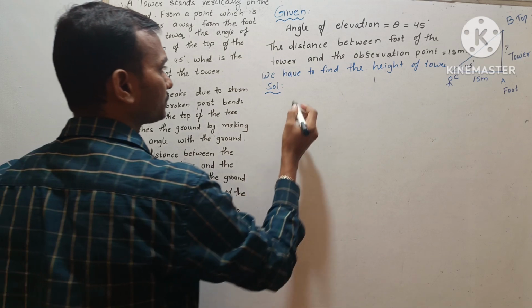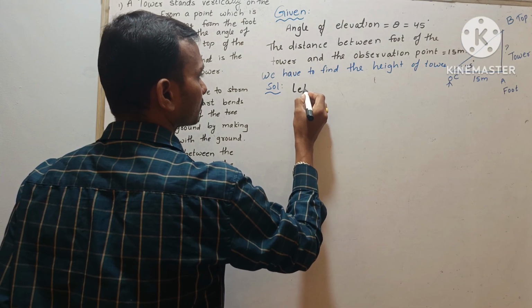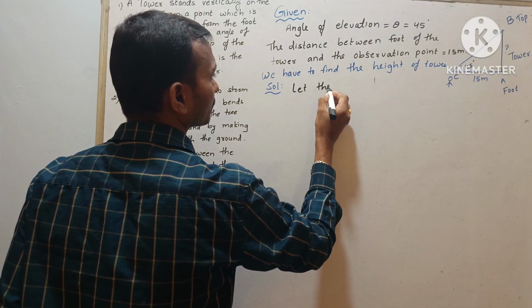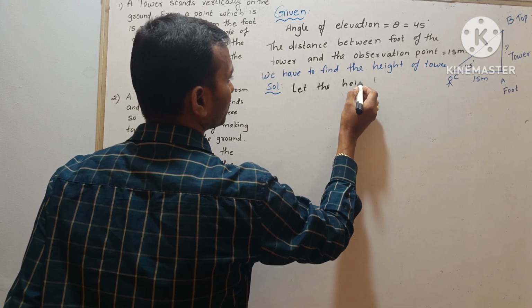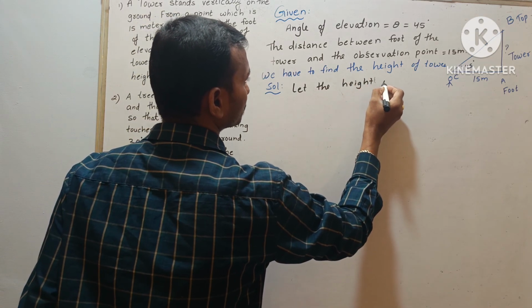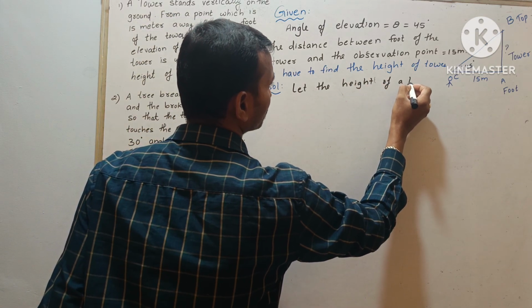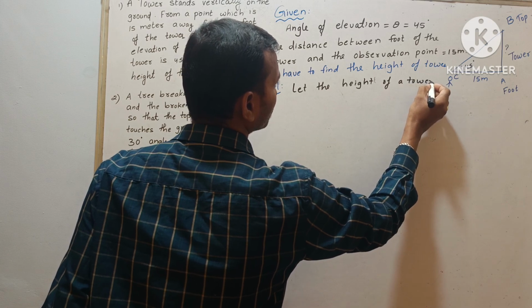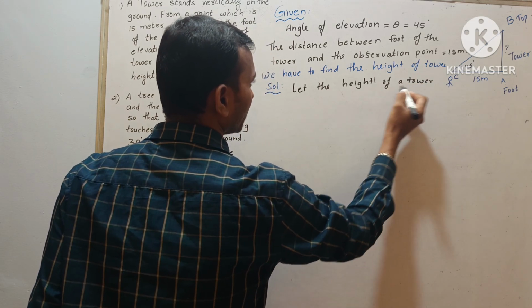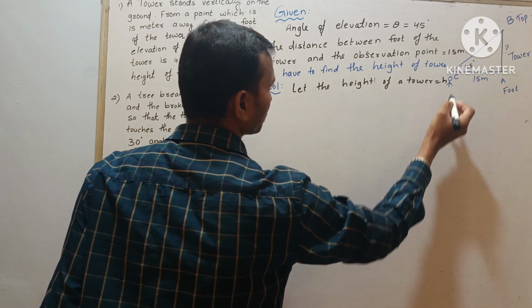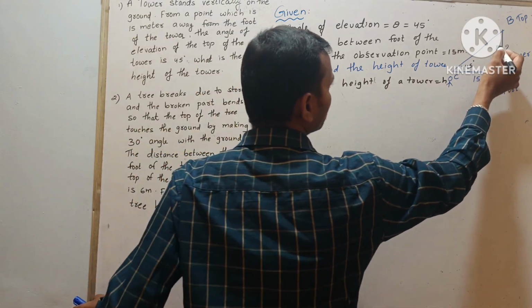Let the height of the tower be equal to h. So this becomes h.